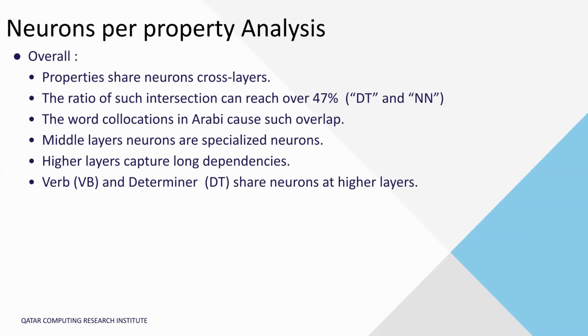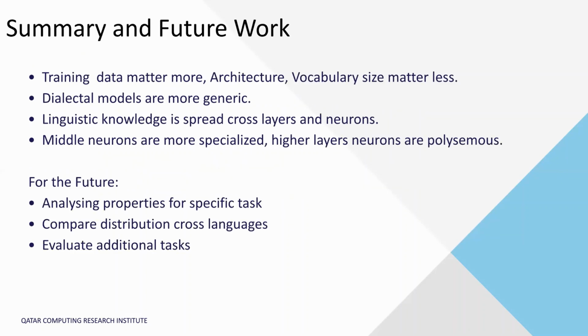So in summary, for this work and what's coming hopefully in the near future, the take-home message is that training data matters, but the architecture and vocabulary size maybe matter less. The dialectal models are more generic and richer.